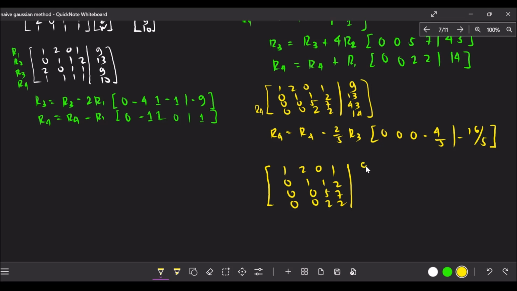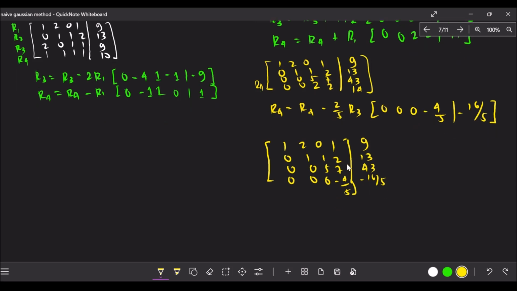For our constants, this will be 9, 13. Then we have 43 and negative 16 over 5. So I made a mistake here. So this is the new row 4, so that will be 0, 0, 0, negative 4 over 5.